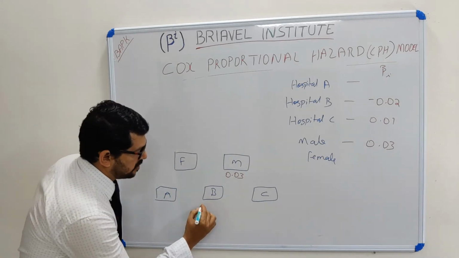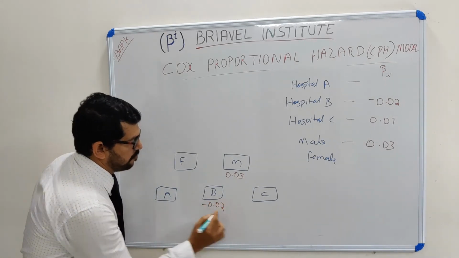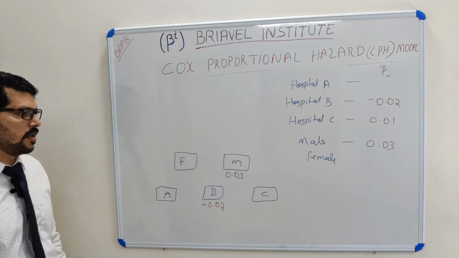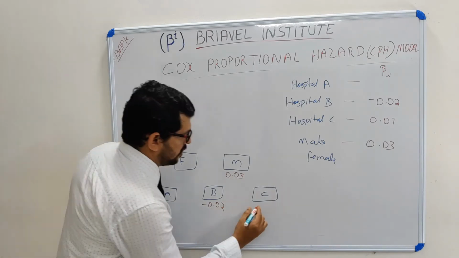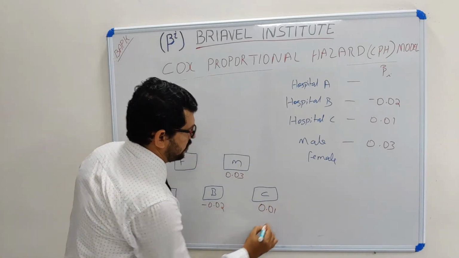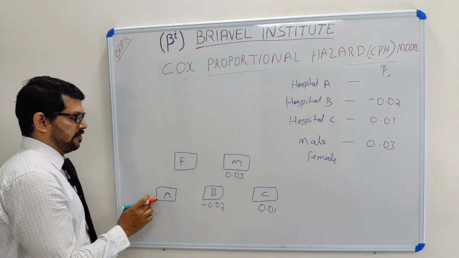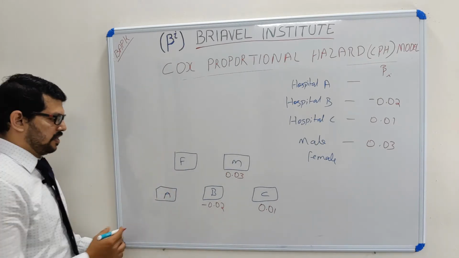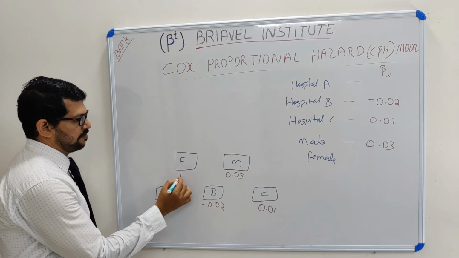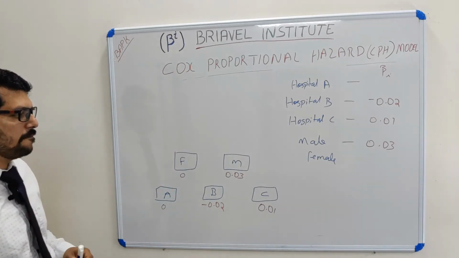In hospital B, the regression value is minus 0.02. And in hospital C, the regression value is 0.01. In the other cases, we don't have any regression value, so you can say it is 0.